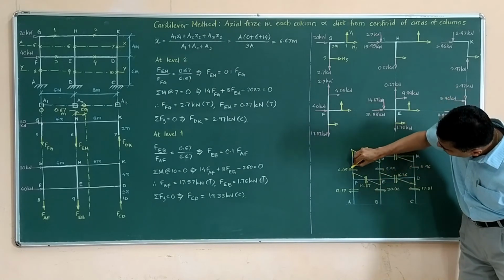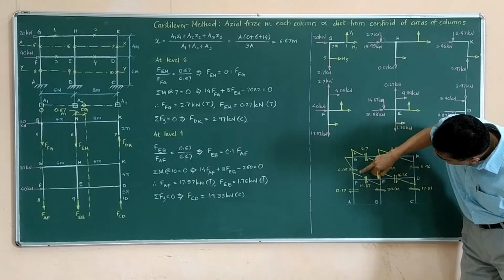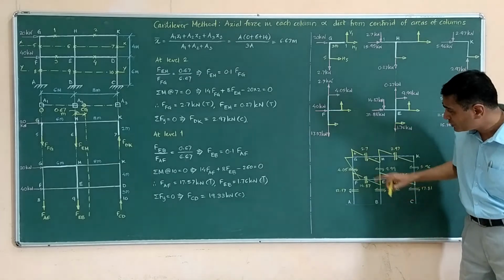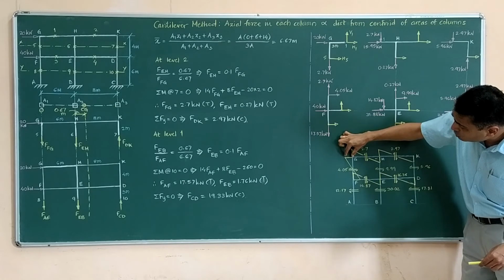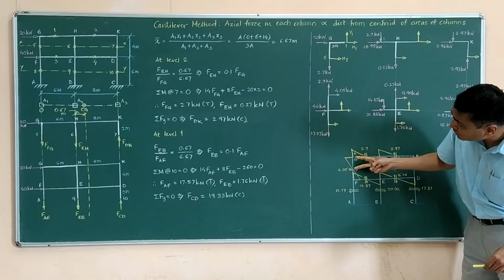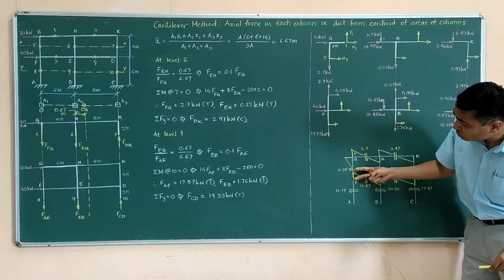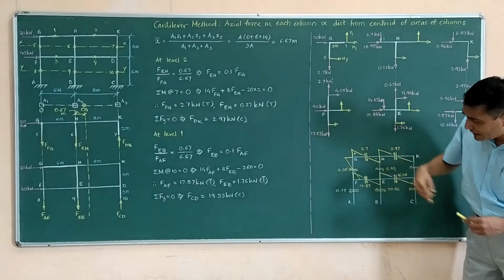This is creating sagging bending moment. This is creating hogging bending moment. Linear variation, 0 value at the point of inflection, and this amount is going to be 4.05 multiplied by 2 meters.